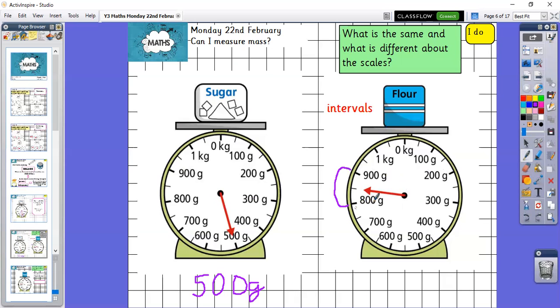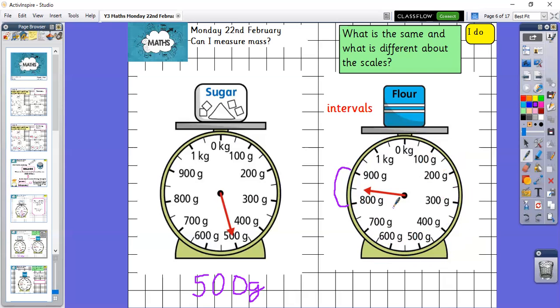Now, when it gets to this point, we actually don't get told it weighs this. We actually need to do a little bit of working out here. So when we look at a scale like this, as you can see, the numbers fit on it quite nicely. But if you also had to put in the amount in between, say, 100 and 200 grams, or for where we're looking, between 900 and 800 grams, the scale becomes a bit crowded and sometimes those numbers just won't fit on.